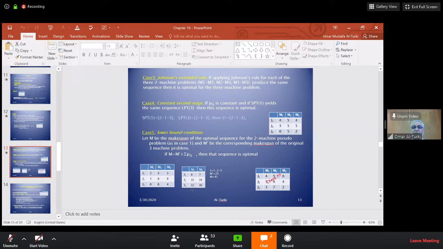If you take the makespan for the pseudo problem, it turns out to be 41. Now the difference between 41 and 25 is 16. If 16 equals the summation of this, which is the case, then 1, 2, 3 is the optimal solution.